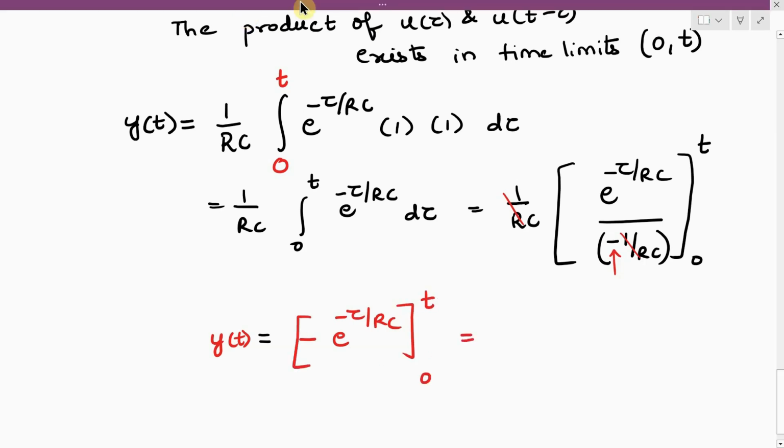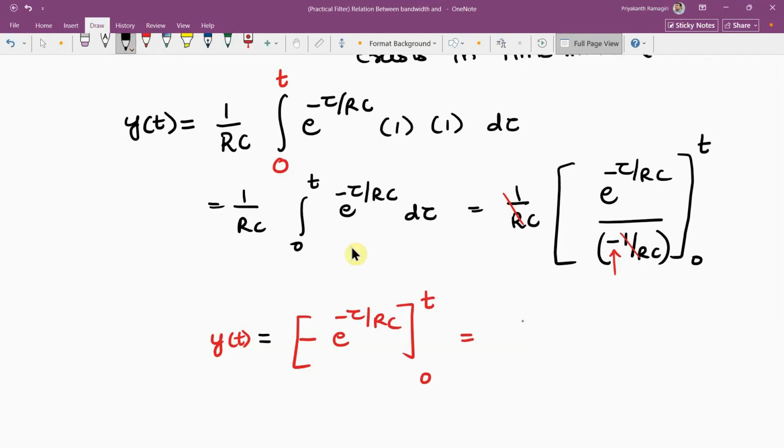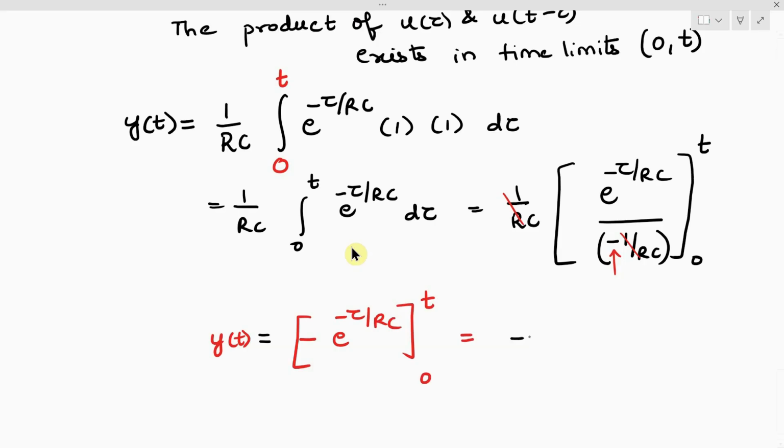Apply the limits and write the result. You observe minus e power of minus t by RC minus of minus, plus e power of 0 is 1. So finally, the output y of t is 1 minus e power of minus t by RC.